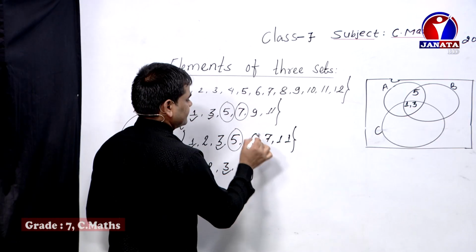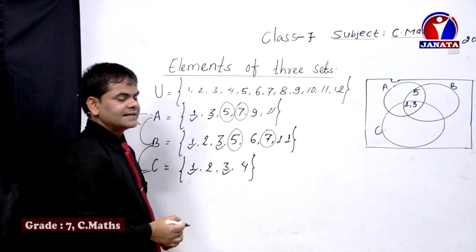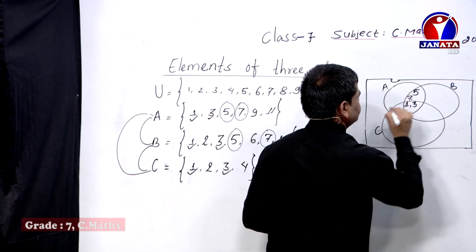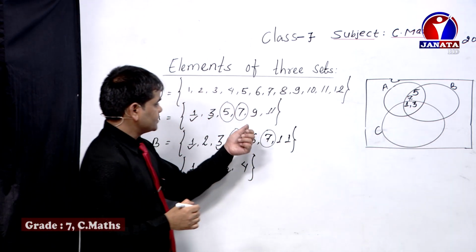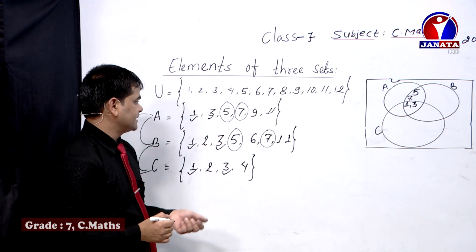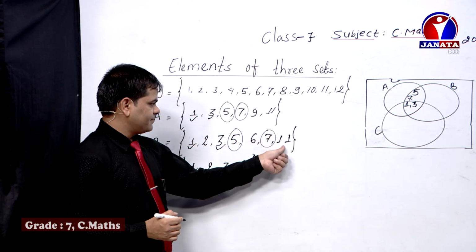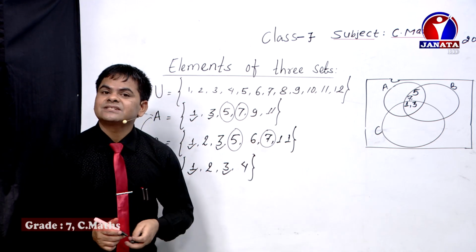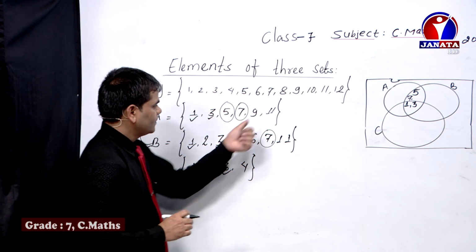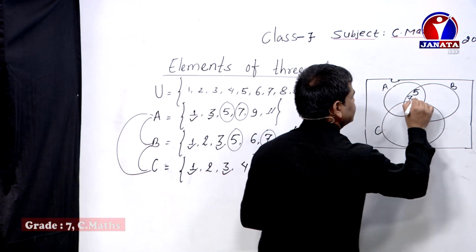Here is 7, here is also 7. That means 7 also goes in that place. Let's keep 7 here. Now there is no 9 here, dear friends, so 9 will remain in the same place. But in case of 11, if you see, 11 is common in both A and B circles. So 11 also comes in this place.